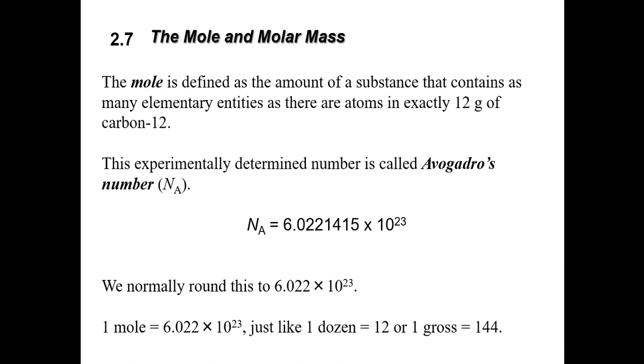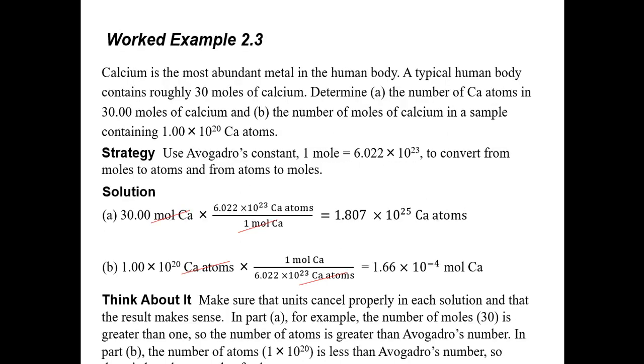We call this number Avogadro's number. Like you can say, okay, I need 1 mole of pebbles. 1 mole of pebbles contains 6.022 times 10 to the power 23 pebbles. 1 mole of pencils, like that. It's just a number. But how do you relate it to chemistry?